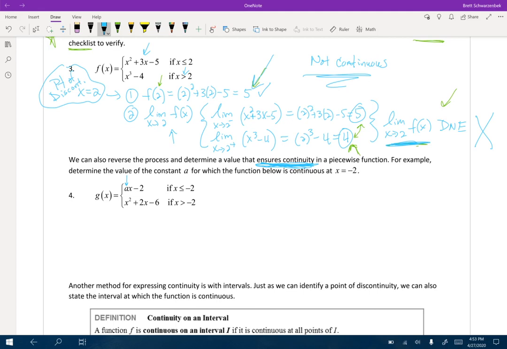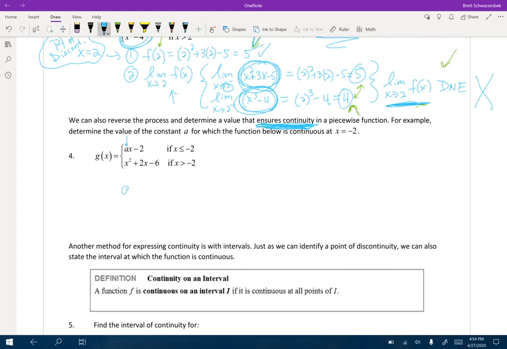So what does this do for us? Well, if we can somehow prove that this is equal to this at 2, then we automatically know that this is continuous. So we must ensure continuity by setting our two equations equal to each other and finding the value that makes that happen. So how do we do that?